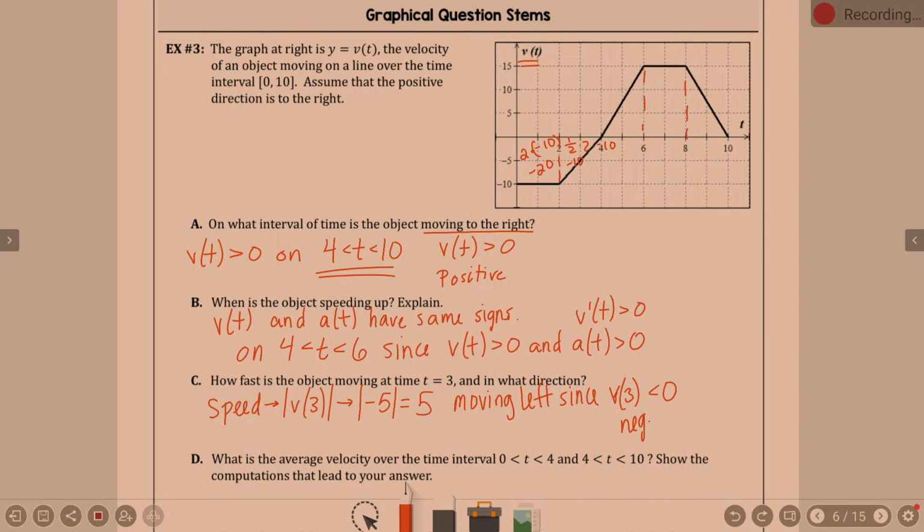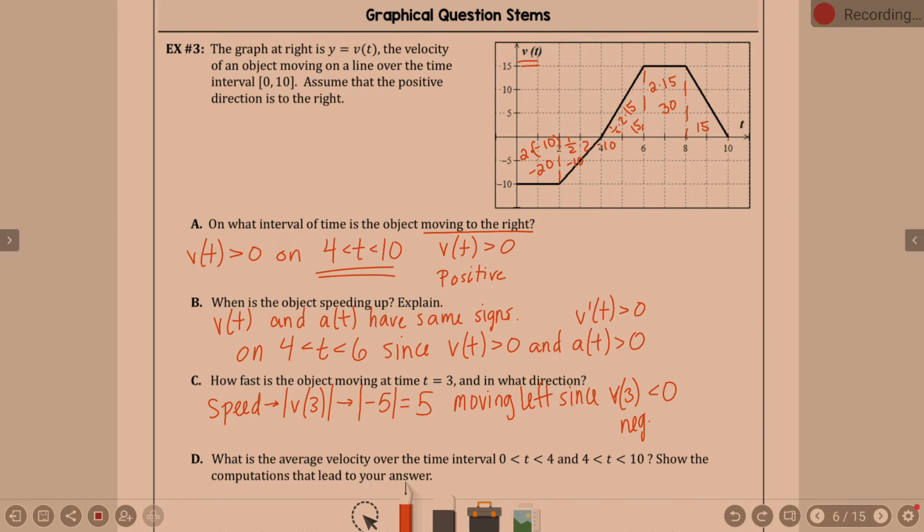That rectangle in the middle is 2 times 15, which is 30. The triangle is 1/2 times 2 times 15, so half of 30, which is 15. And that triangle's 15. Are my calculations making sense?